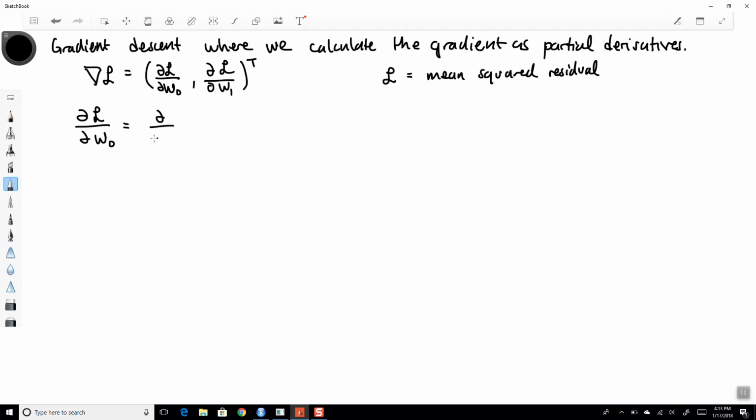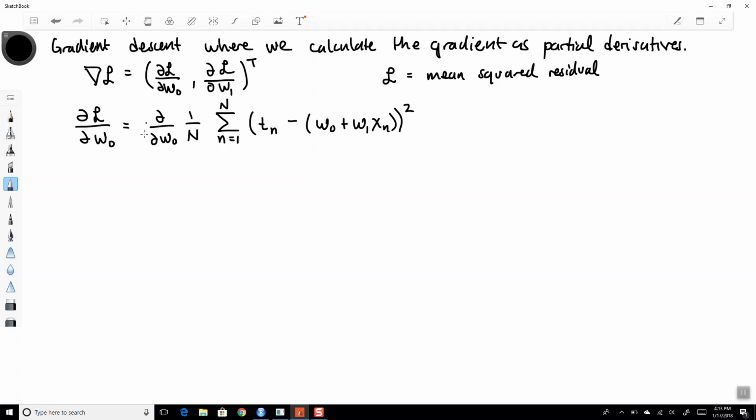This will be the partial with respect to W0. The loss function is 1 over N, the sum from n equals 1 to capital N of (Tn minus (W0 plus W1 xn)) quantity squared.